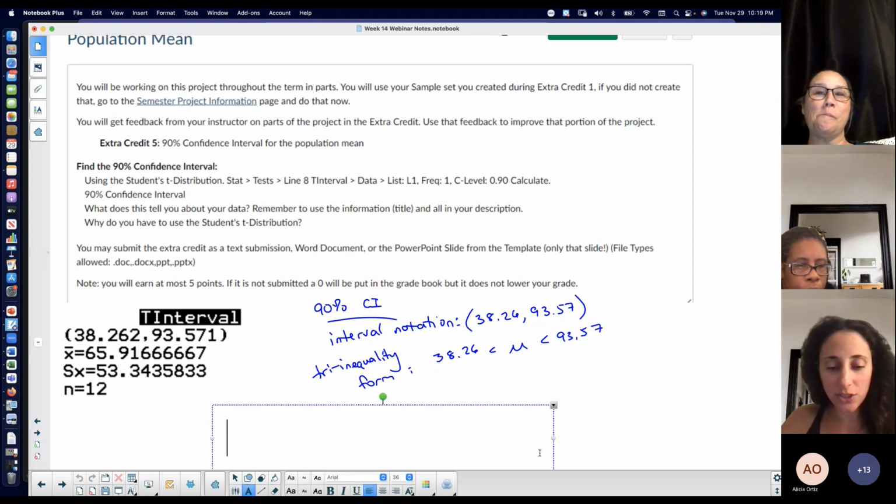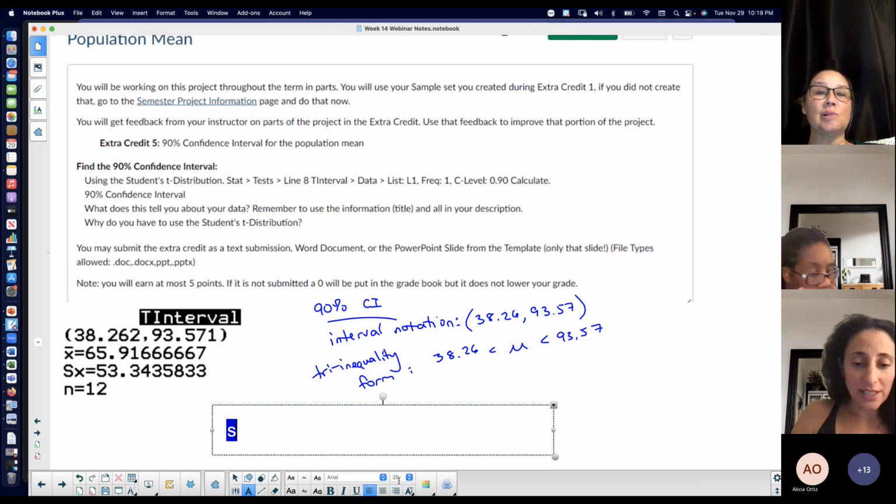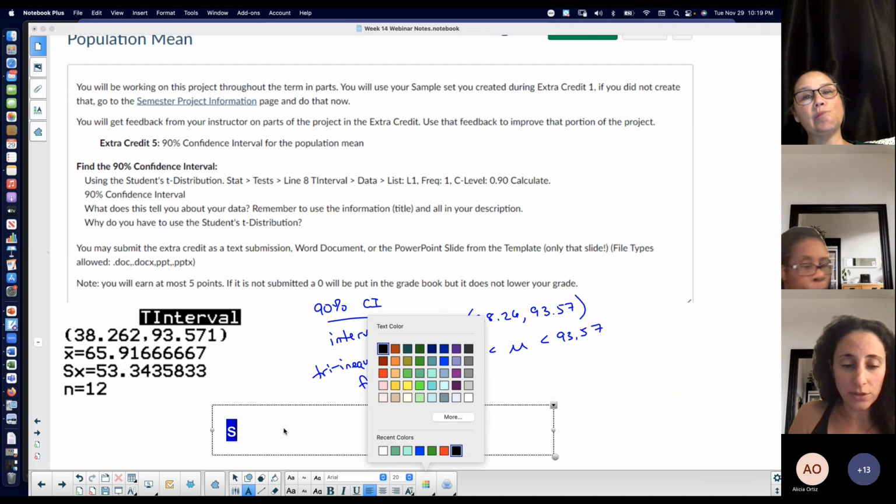And then, what is the interpretation? What does it tell you? This is coming from what you guys did over and over in your confidence intervals.